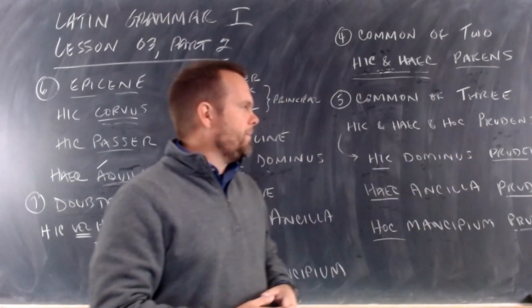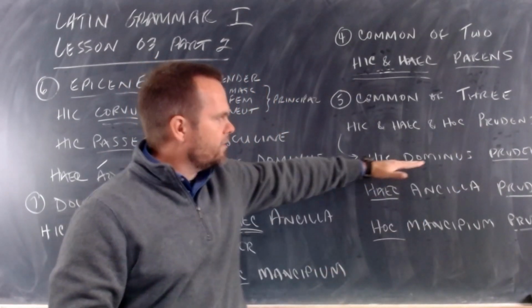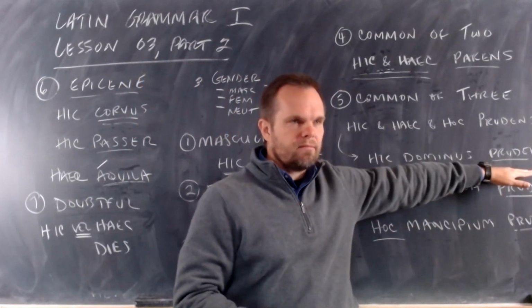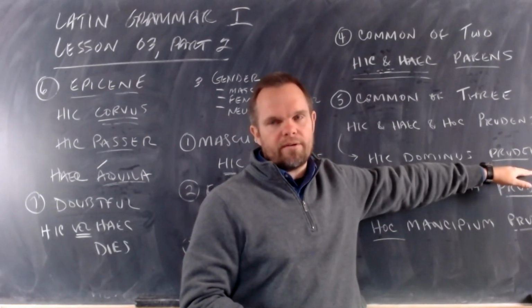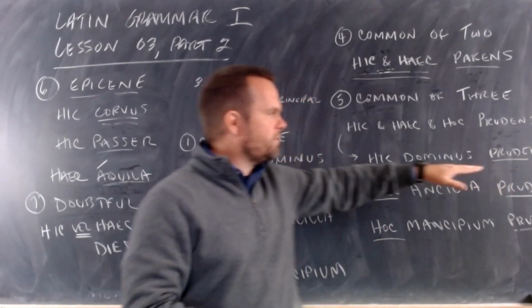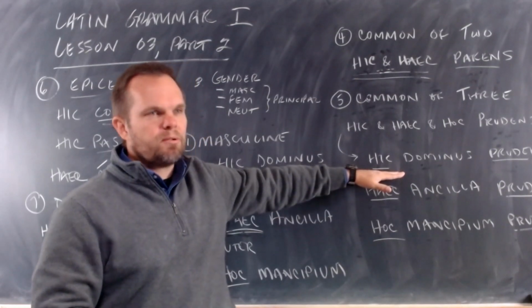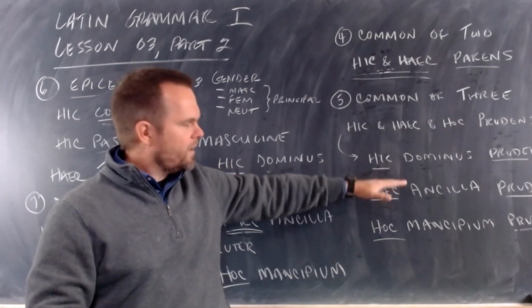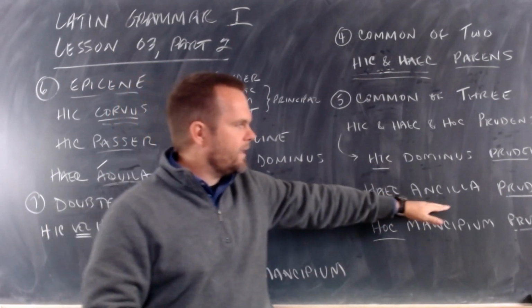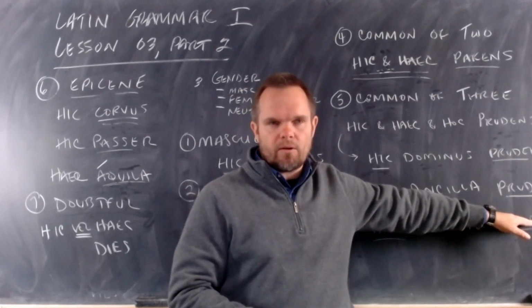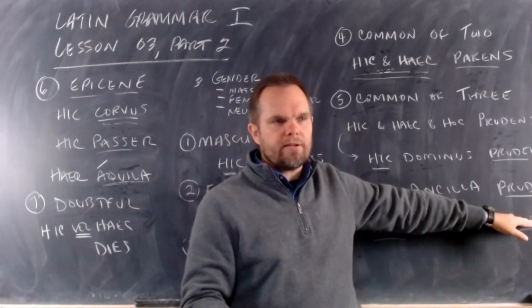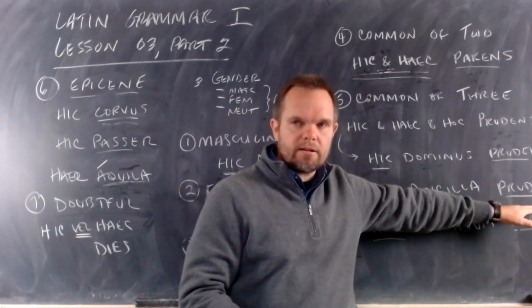Prudens is an example. We can have hic dominus prudens, the wise Lord. Here it's masculine. Why? Because it's preceded by hic. We can have haec ancilla prudens, the wise servant girl or handmaiden. How do we know prudens is feminine?